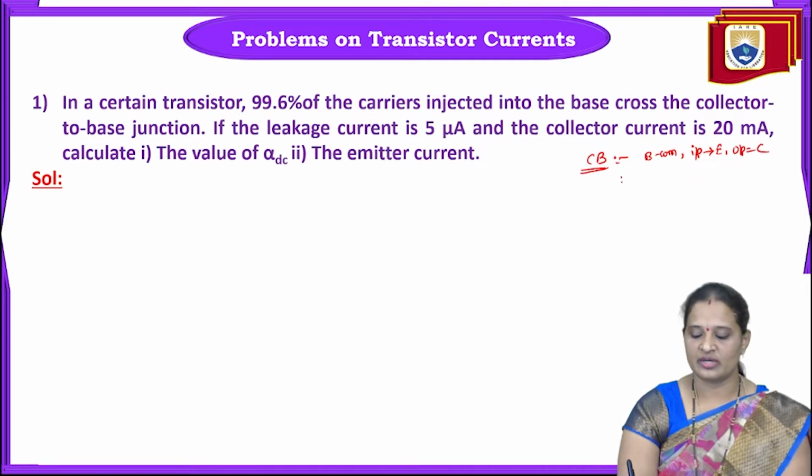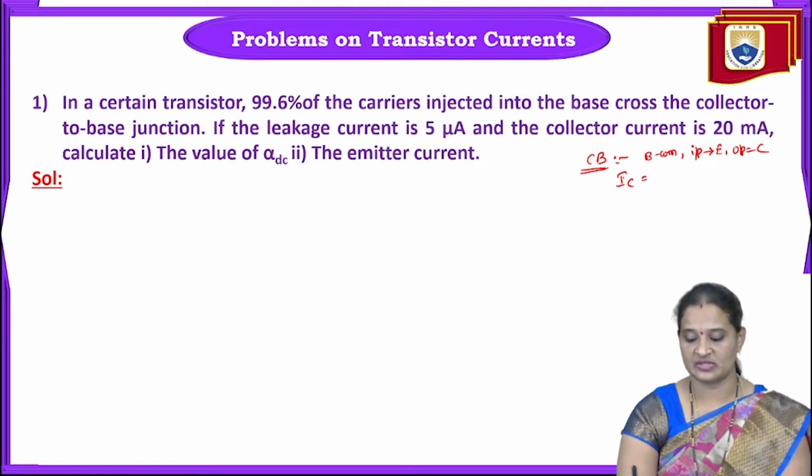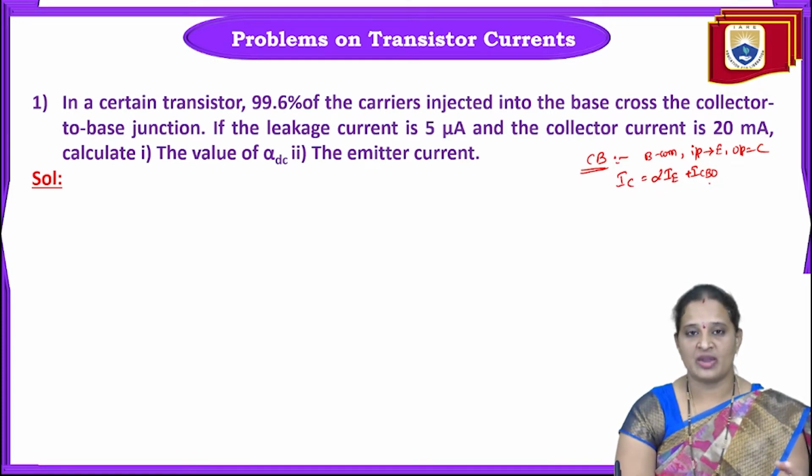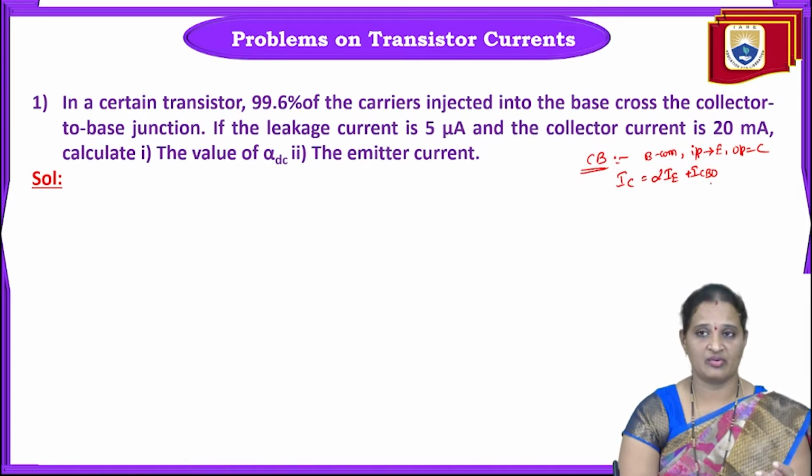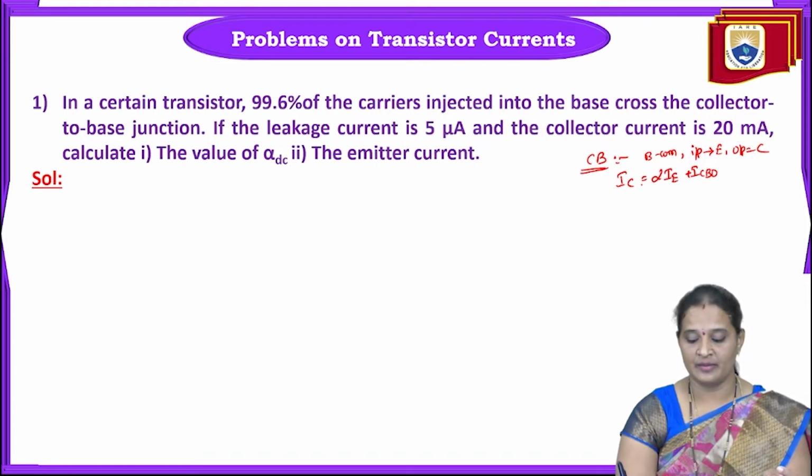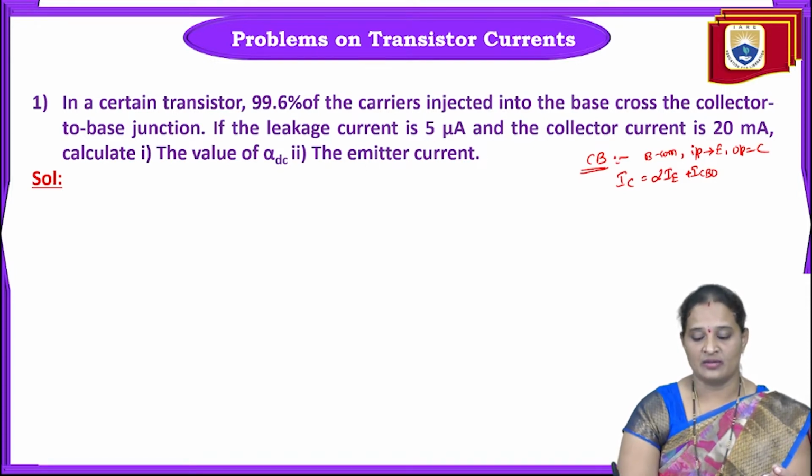The output current equation of common base configuration is IC equals alpha into IE plus ICB naught, where alpha is the amplification factor of common base configuration, ICB naught is the reverse saturation current. It is due to the minority charge carriers, which is less in amount, of the order of microamperes, and IE is the emitter current, which is the input current, and IC is the output current.